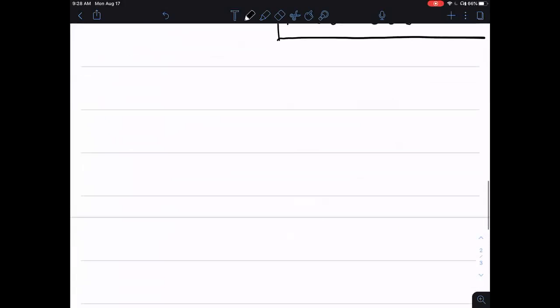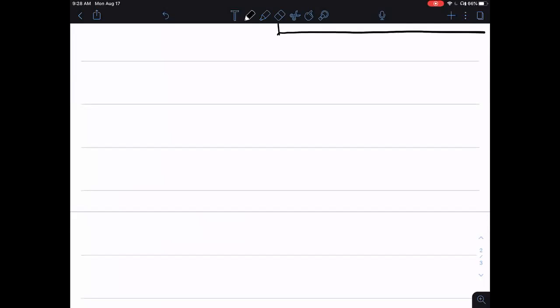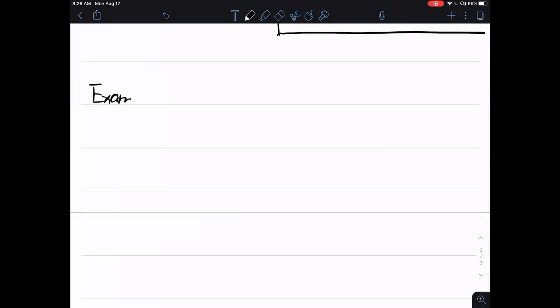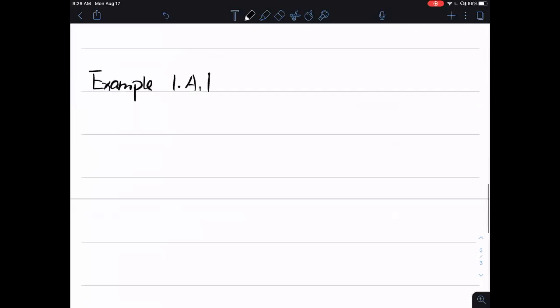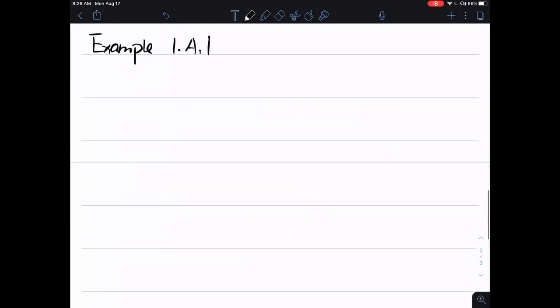All right. Let's move on to our next example. That's example 1A1. I will need a volunteer to read this problem for the rest of us.